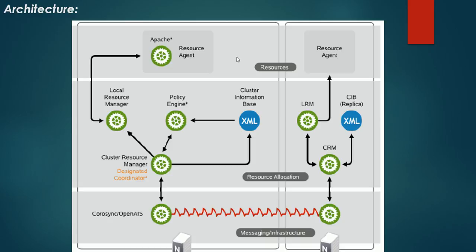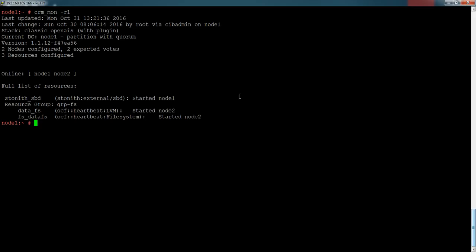Because if I go back to my PuTTY and run the command crm_mon to check the status of the server and the cluster, it says there is one resource I'm running, one resource agent Stonith, and in this resource group I'm using another resource agent which is called OCF. So it can be more than one. This is what it says, and it is also said it is programmed in shell script.